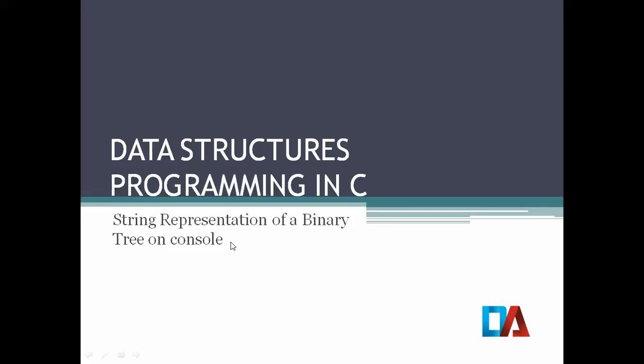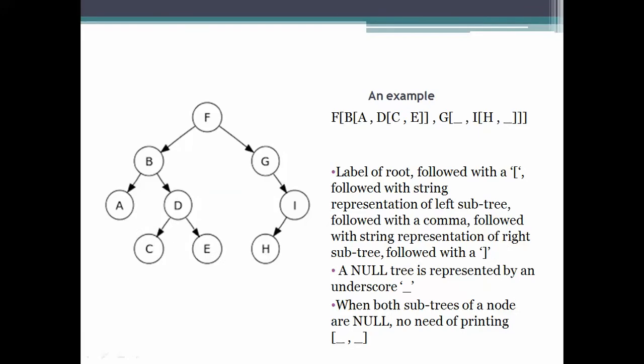Once and for all we want to represent a binary tree as a string on console, and then use the same representation in the other videos where we deal with implementation of binary tree algorithms. So let's get started with our first example and see how a binary tree can be represented as a string.